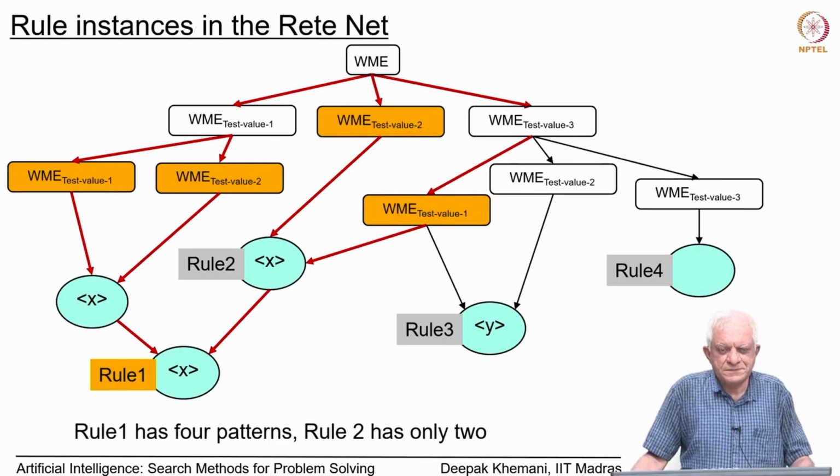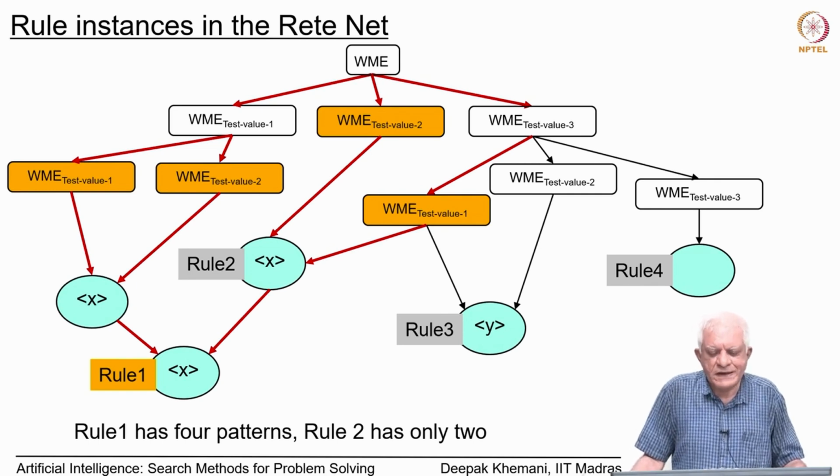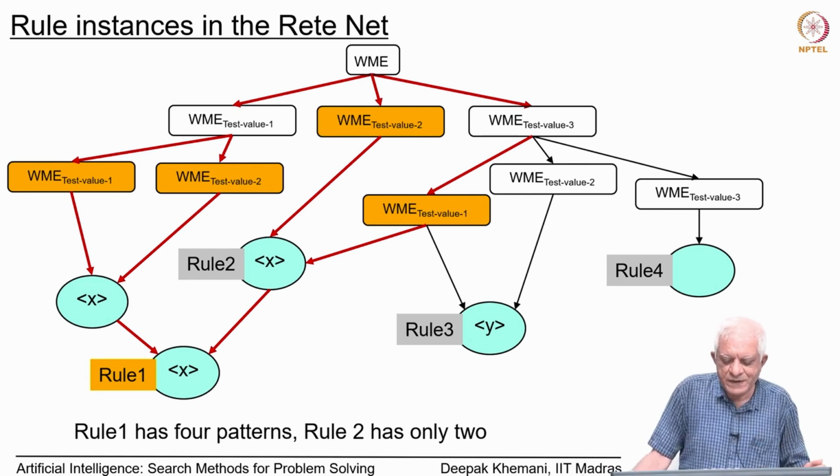So, we are back again and we have been looking at the data network, and at the end of the last session we saw this example network, which is a network for 4 rules that we have not written, but you can imagine by looking at the diagram as to what those 4 rules would be.